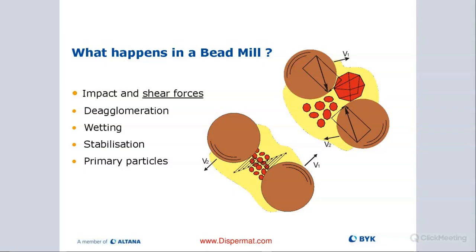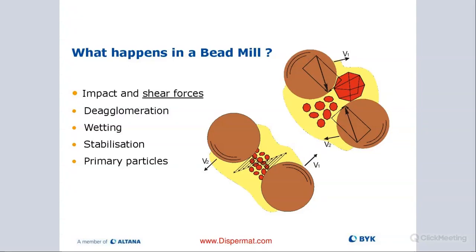So that brings us to the next slide, and we want to talk a little bit about what actually goes on during the milling process. What happens inside of our milling chamber? So we have the impact of our beads, and you can see right there on that slide, these beads colliding. Again, remember that rubber duck syndrome, we're actually pushing away our particle cluster, and that creates the shear that helps us to break up these van der Waals forces.